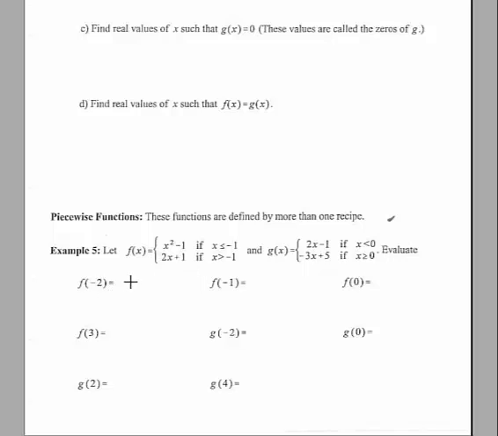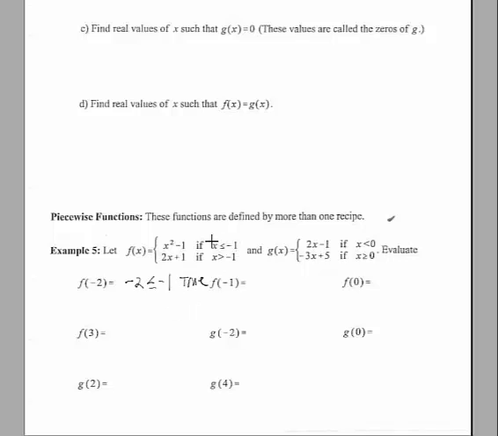Okay. So working with this first one, f of x, we have a negative 2. We have to pay attention to our input. Looking at negative 2, we have to decide which inequality negative 2 satisfies. This first inequality, is negative 2 less than negative 1? This is true.